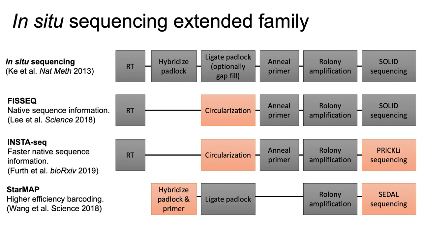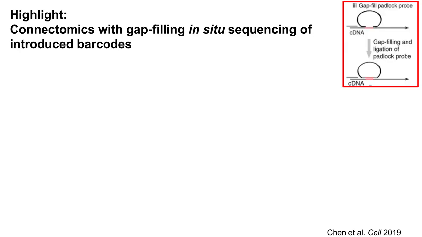This is very important because reverse transcriptase is the lowest efficiency step in the whole process, and she's able to capture much more lowly expressed genes this way. The rest of the techniques really work best for high expressors. And she's also developed her own in situ sequencing chemistry, which is more robust. So I'll now highlight a couple of different approaches where this is particularly appealing. This is for the gap-filling approach.